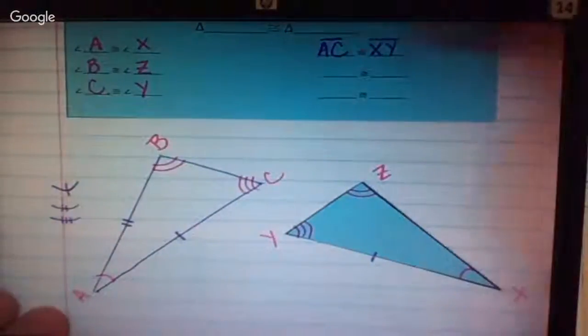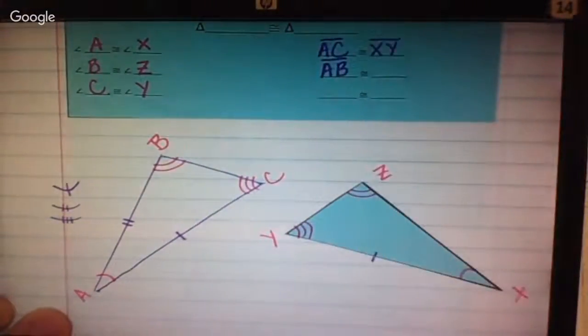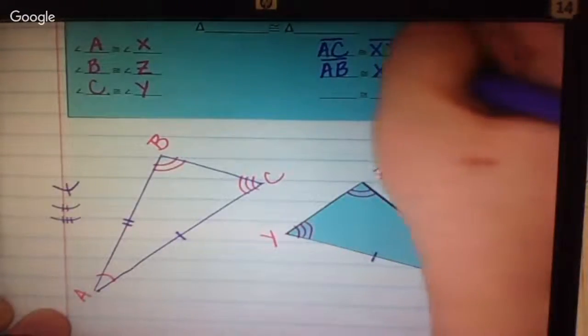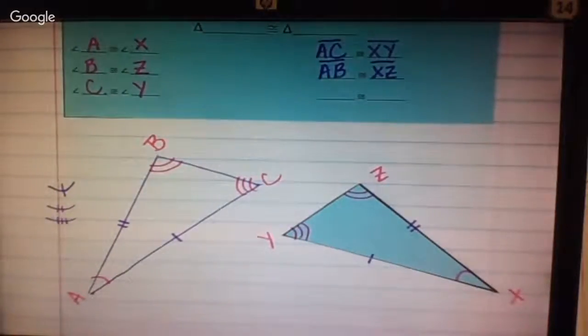We can then do A to B. A to B goes with X and Z. Okay, so they up it to 2.